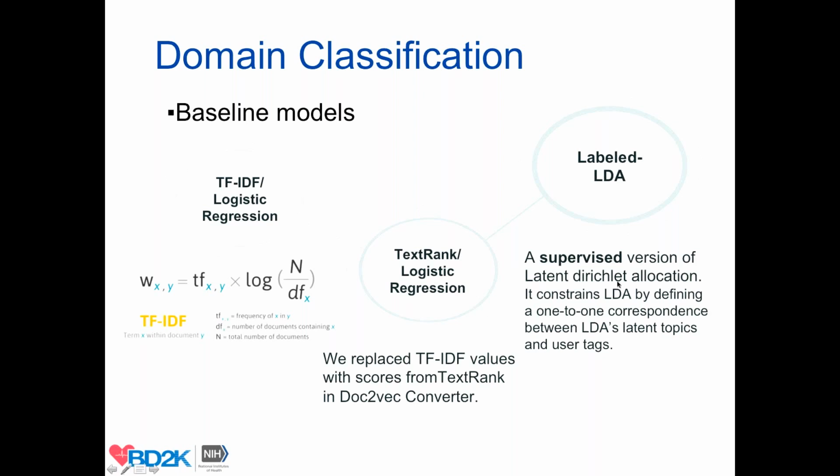And the third method is a very popular method currently for topic modeling, LDA. And labeled LDA is a supervised version of the latent Dirichlet allocation. It constrains LDA by defining a one-to-one correspondence between the LDA's latent topics and user tags.